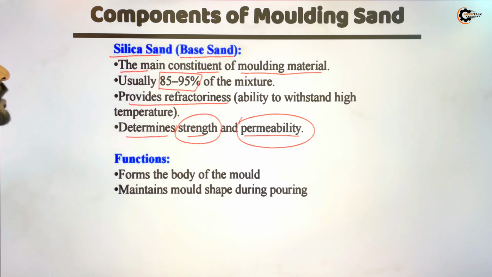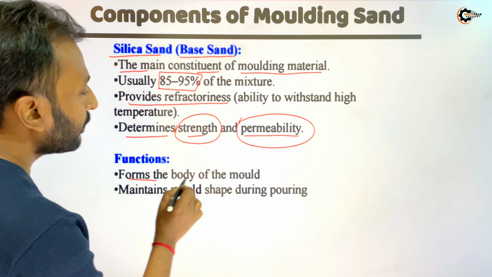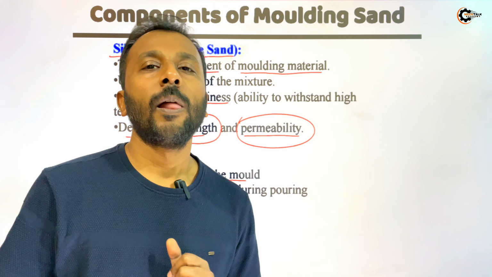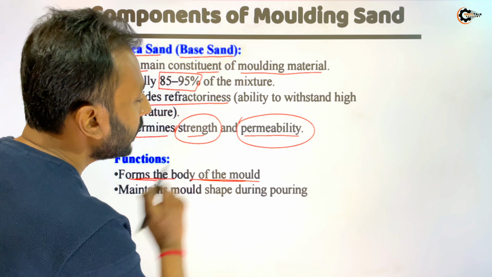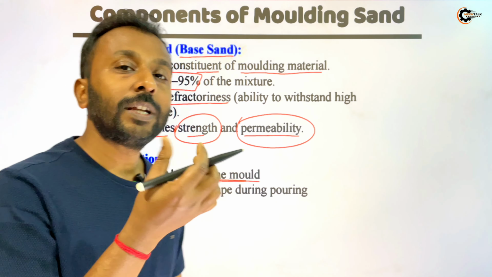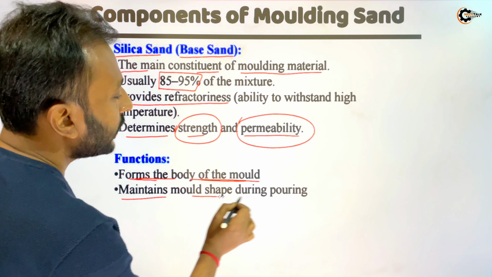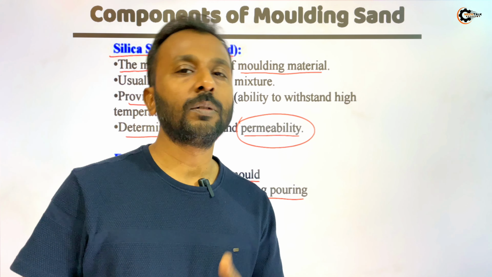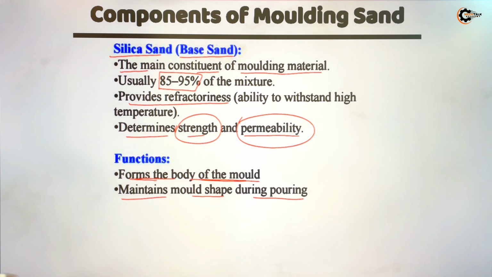So what are the functions of this silica sand? It forms the body of the mold. This is its main function. The mold cavity is created using molding sand. It maintains mold shape during pouring. When we pour molten metal into the mold cavity, it maintains its shape.